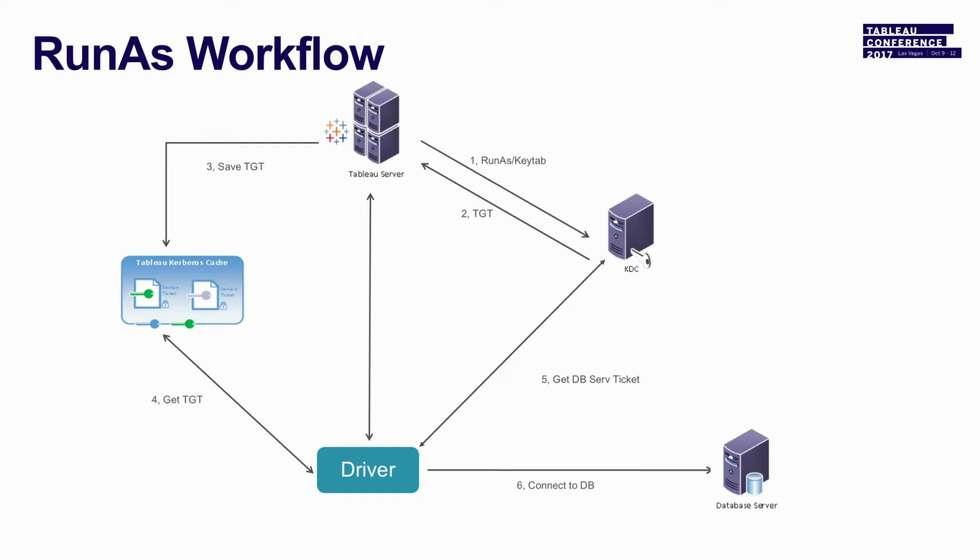This is a very high-level overview of how the Kerberos workflow works. If you want more details, we have other talks that we did. One we did yesterday, and John was presenting it. You can go through it. It's already posted mostly on the TC website, and you can look at the workflow and how it works in detail.